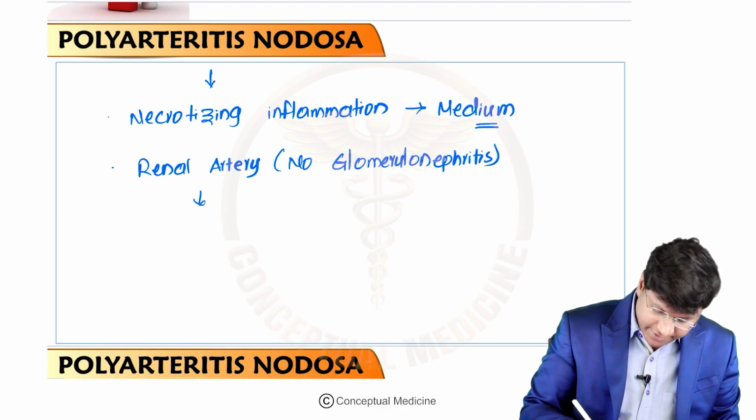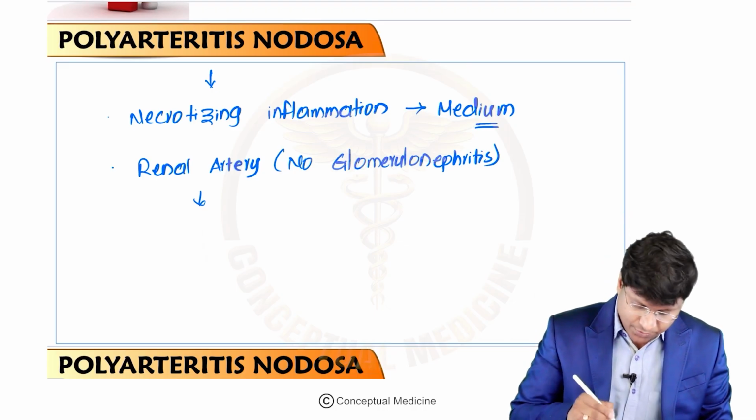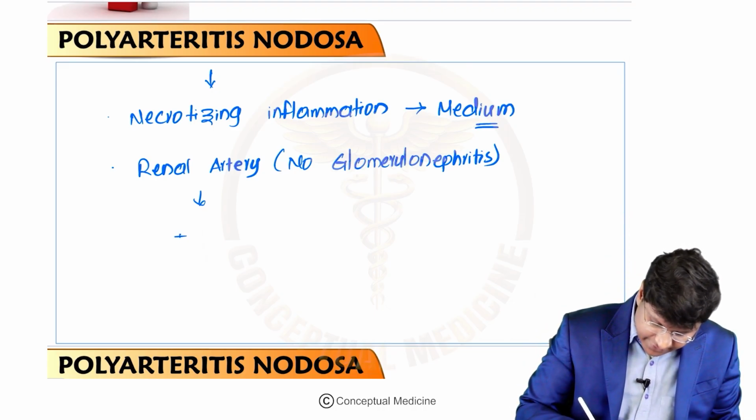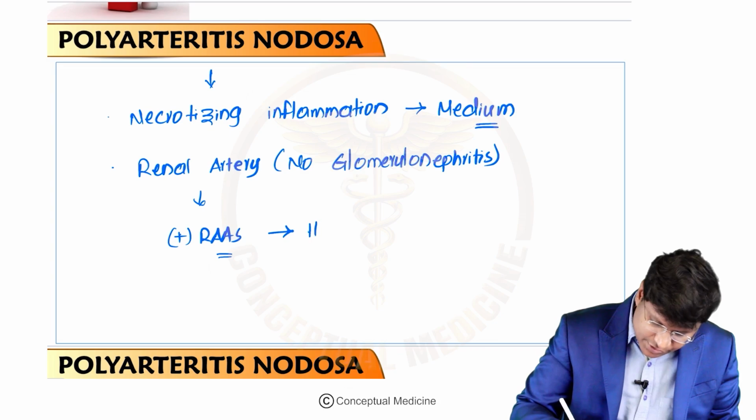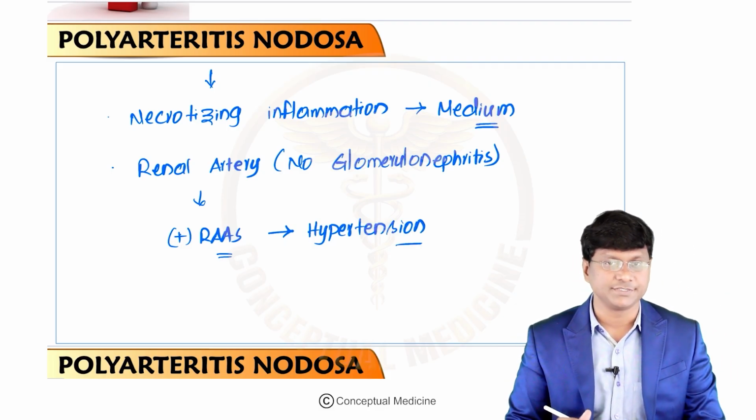Because of the involvement of the renal artery, the individual can have activation of the RAS, that is the renin angiotensin aldosterone system, and because of which there is development of hypertension.